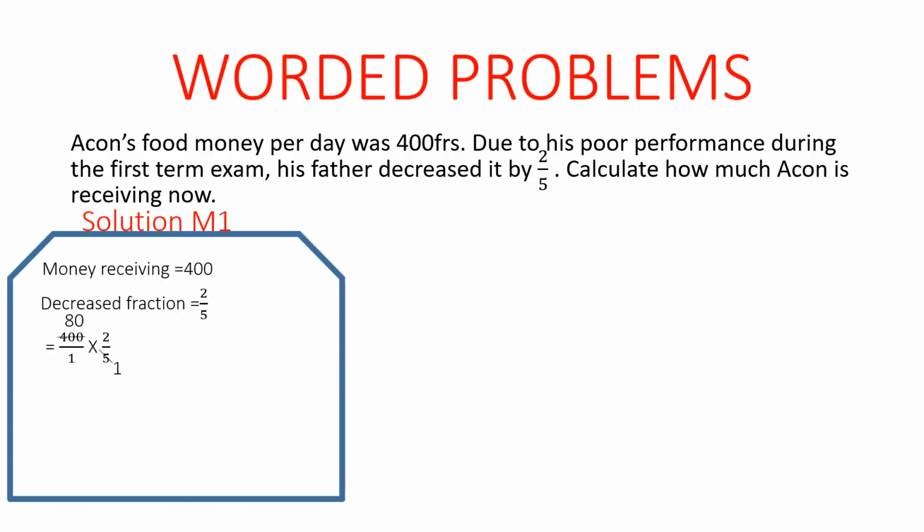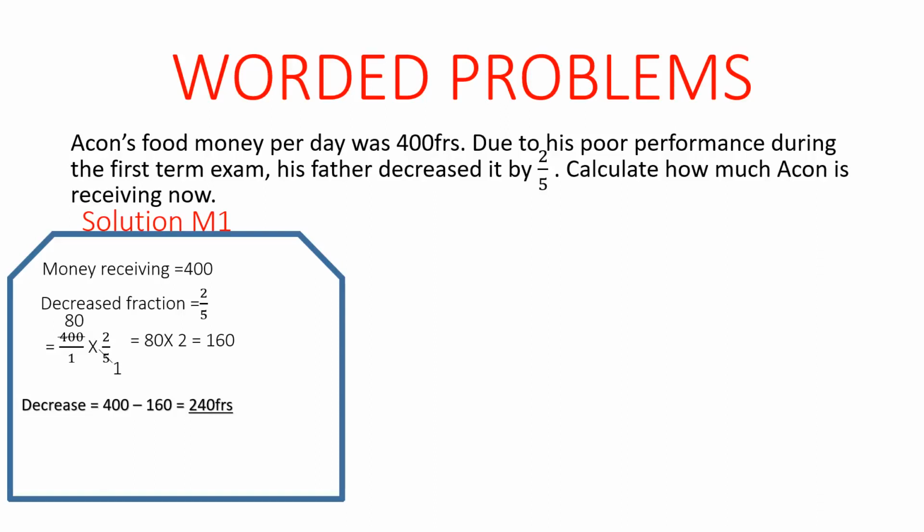Now we bring up the 0, which gives us 80 times 2, and 80 times 2 is 160 francs. Alright, so we move ahead. 400 minus 160 is 240.